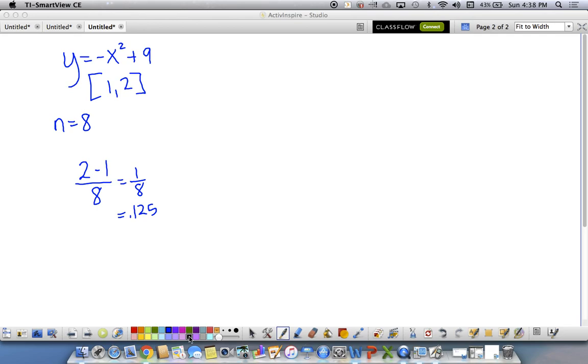I'm just going to draw a freehand because then I can estimate. So we know at 0 we're at 9, and then we're at 8 at 1. So here's 1, and I'm looking to start right there.